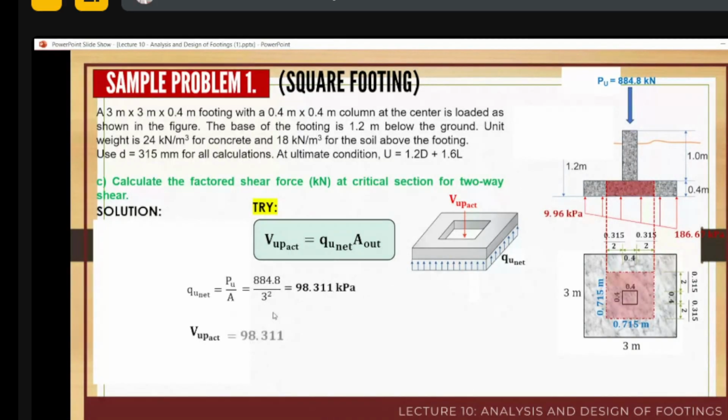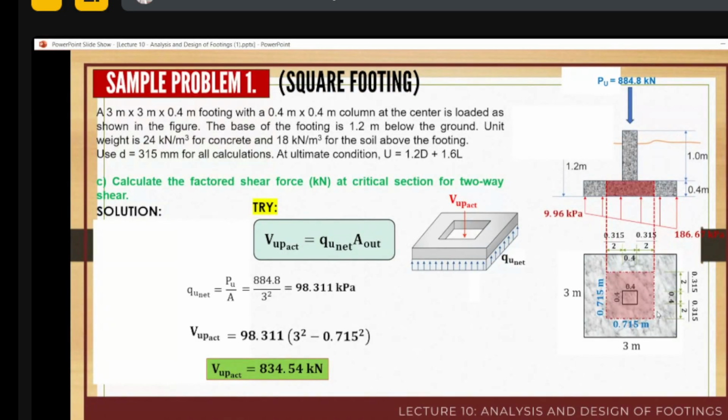So you have the Q unit of 98.311 kPa. And for VU actual, then it's just equals to Q unit times the outside area minus the inner area.